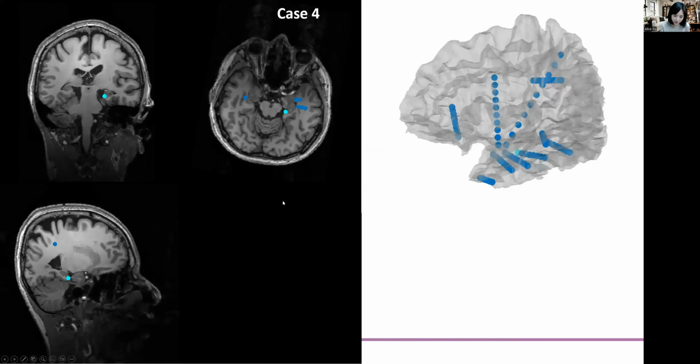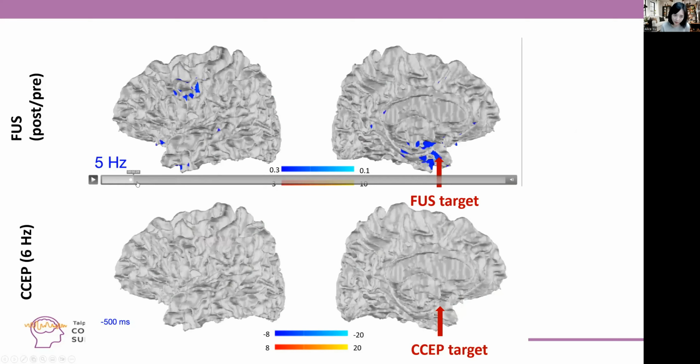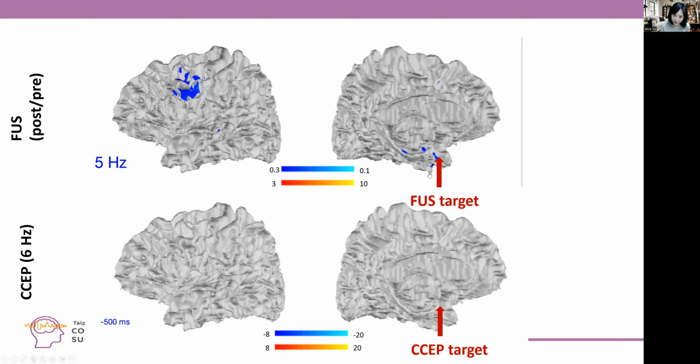And this is the second case. We got a medial temporal seizure onset zone here, and we stimulate here. For the focused ultrasound stimulation, we stimulate the hippocampus here, and we got the activation over the dorsolateral prefrontal cortex.